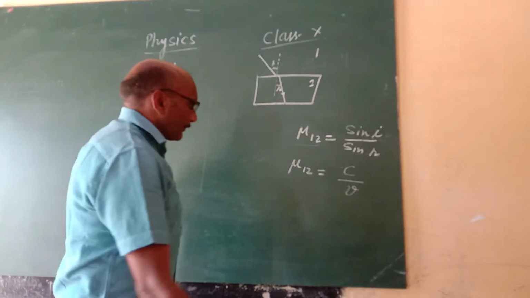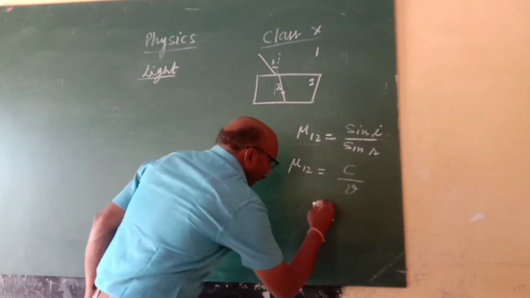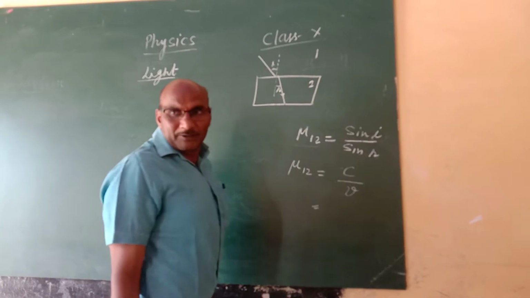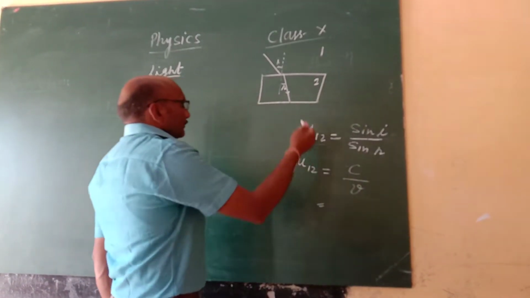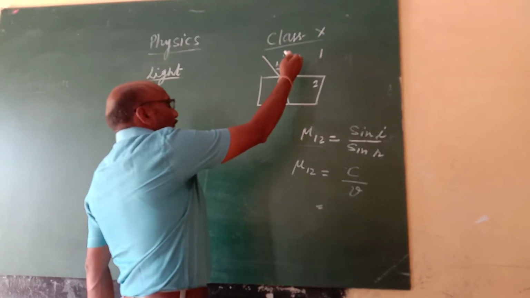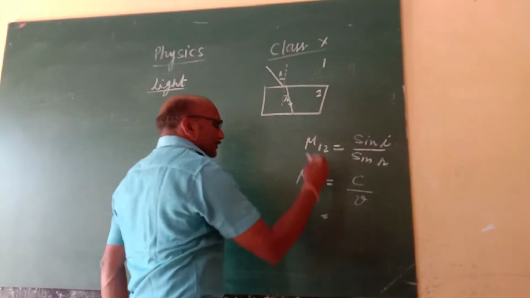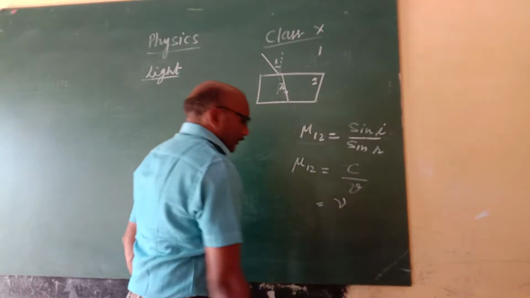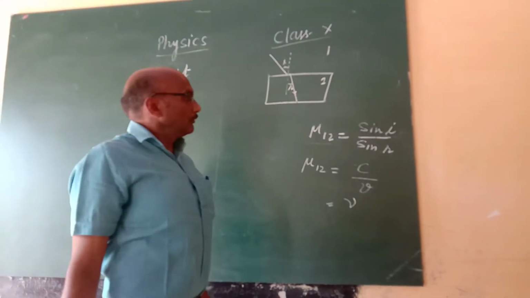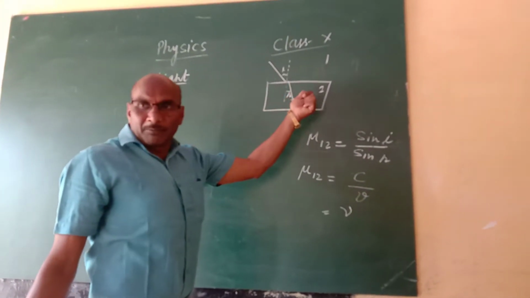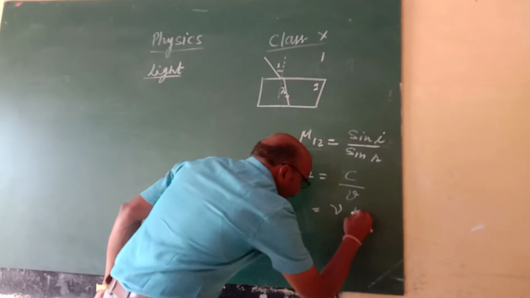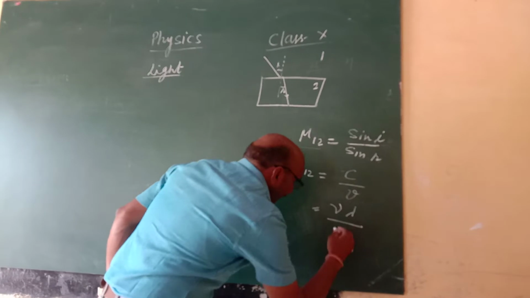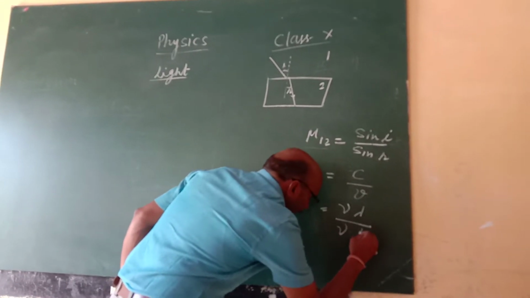As we know, velocity is always equal to frequency into wavelength. So let the frequency of light be mu. There is no change in frequency, whether it is medium 1 or medium number 2. And let the wavelength be lambda, so v equals mu into lambda.